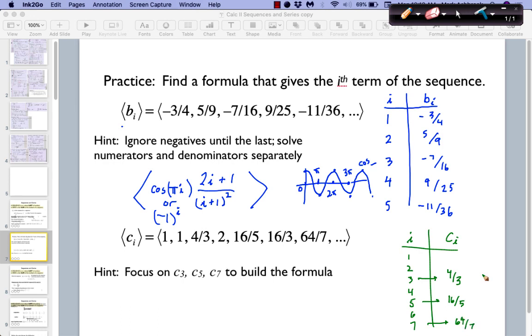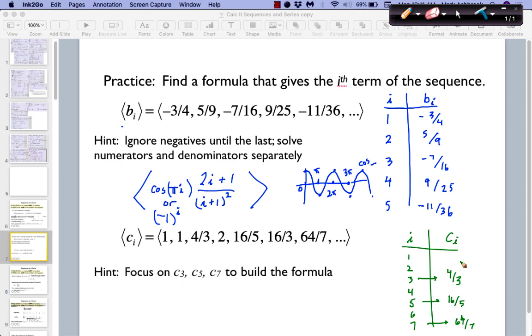Again, we're going to break it down. Look at the numerator separately and the denominator. So 4, 16, 64. What are those? Well, those are perfect squares also, but they're also something different than perfect squares. Anyone figure out what those were?